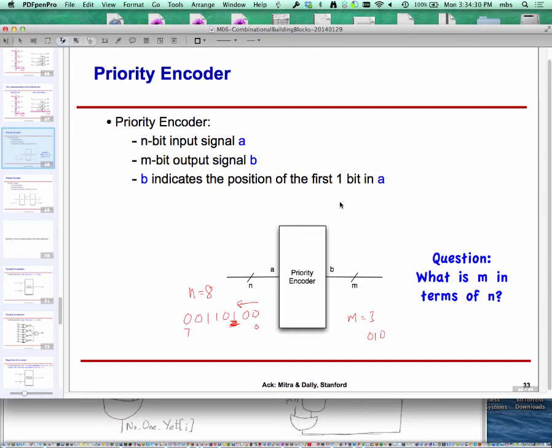But it outputs an n-bit, one-hot coded number. Whereas here, I'm outputting a binary coded identity of the winner. So this one tells you the position of the winner, while that one tells you, of the n bits, which one is the winner. It's one-hot coding versus binary.